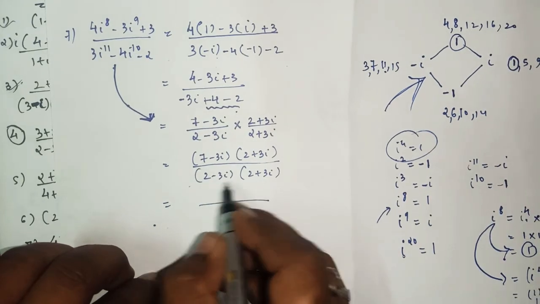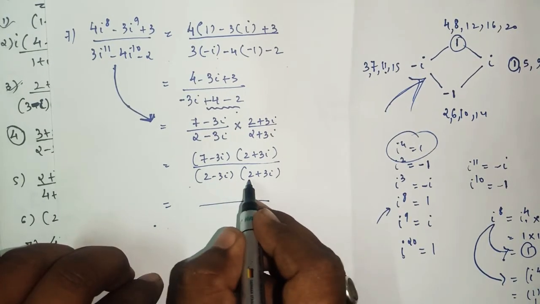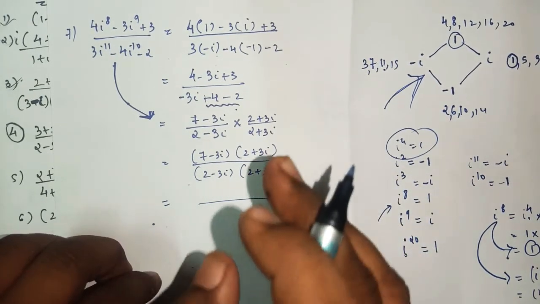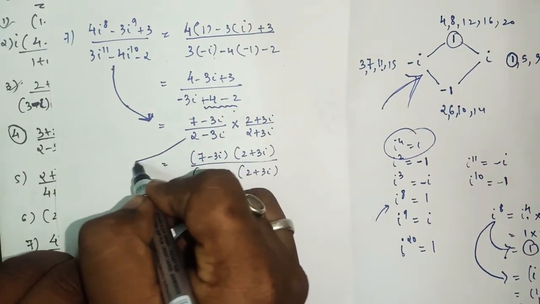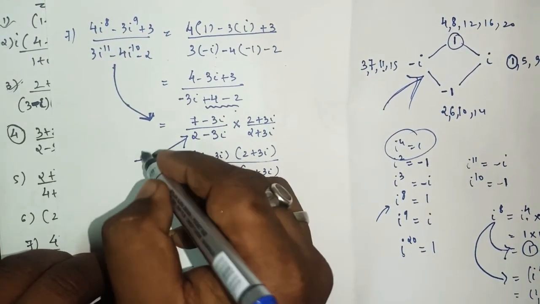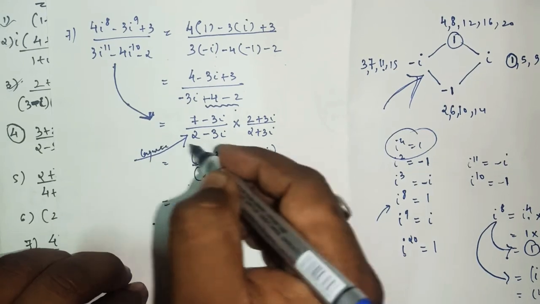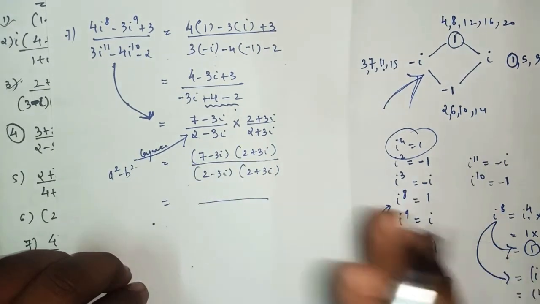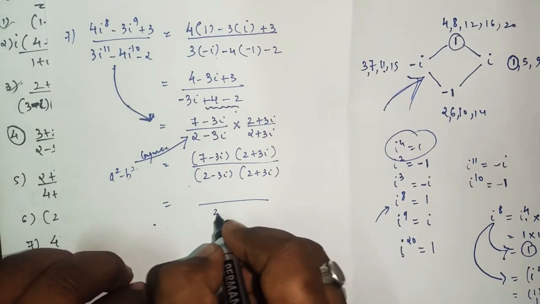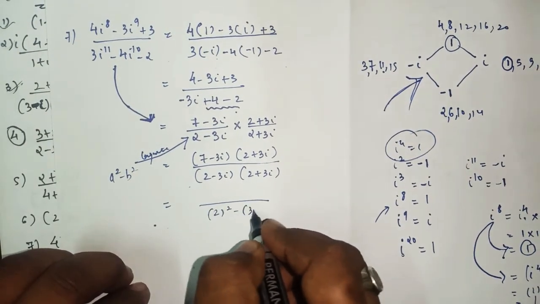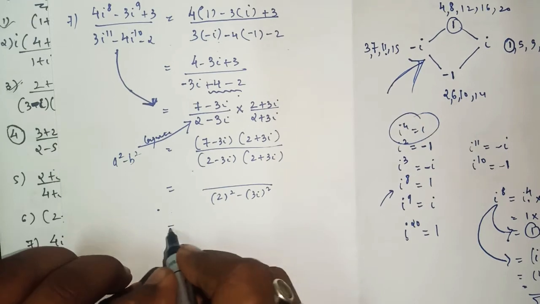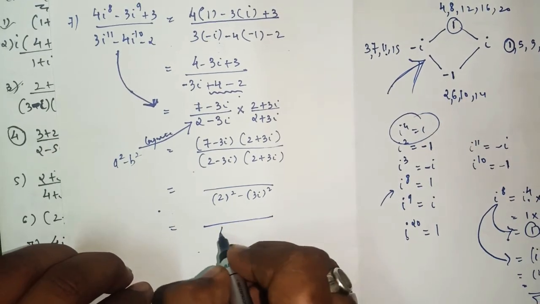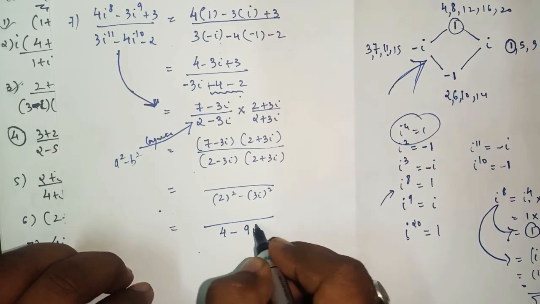And what about the denominator? As clearly we can see that this looks like a plus b and a minus b. Whenever you rationalize the denominator by using conjugate property, the denominator part always gets converted into a square minus b square formula. Remember this. So here we'll write a square minus b square. Further this 2 square we can write as 4, 3i square is 9i square.